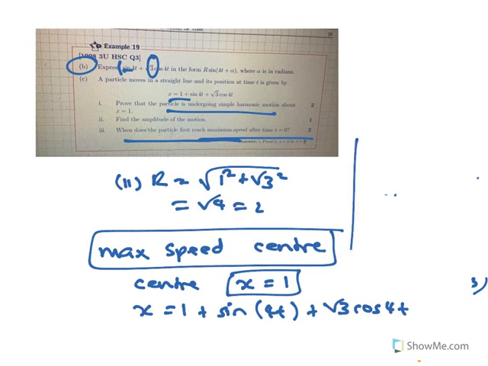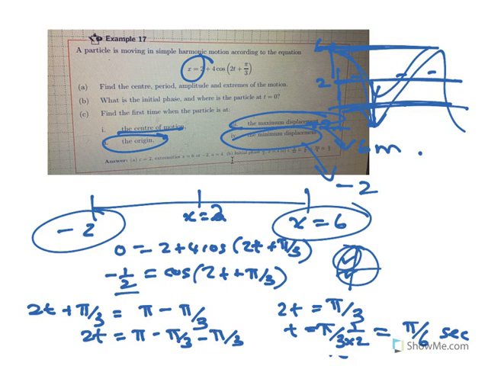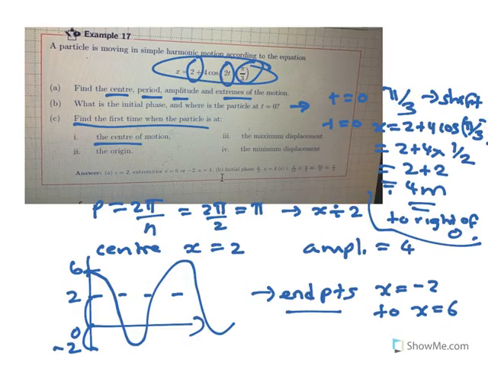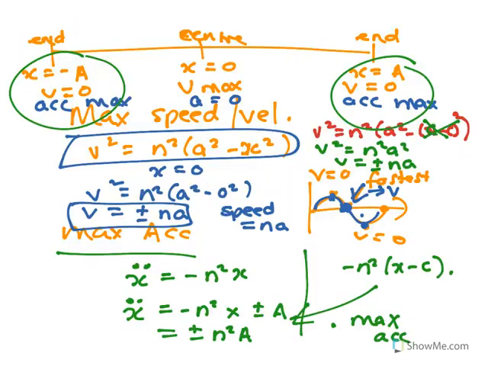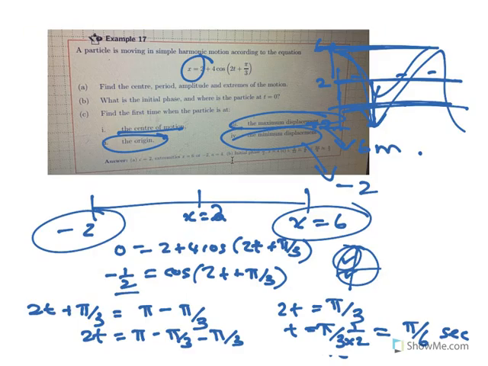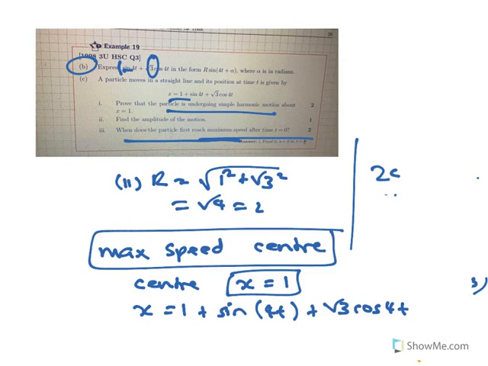Now you could also have used the other one, so just go back and see what it was. When we put it into that form, what was it? It was 2 sine, and it was 4t plus pi on 3.